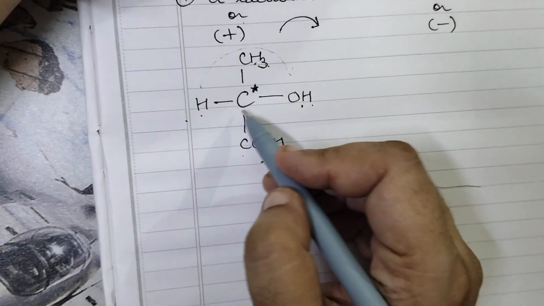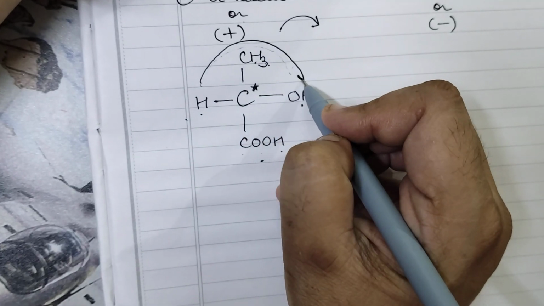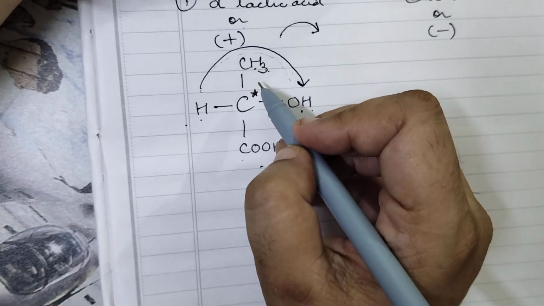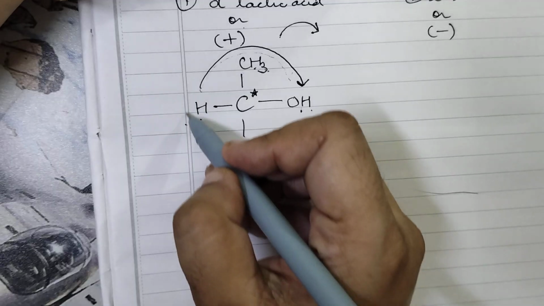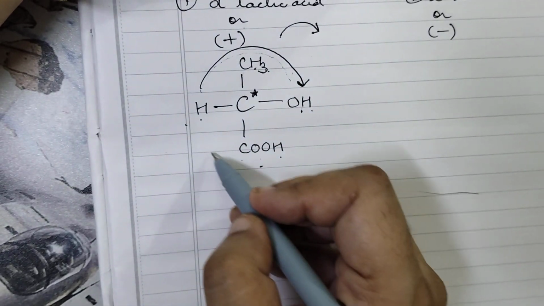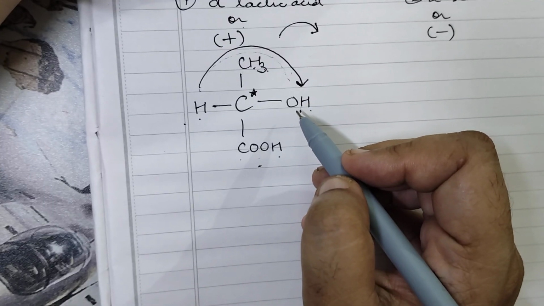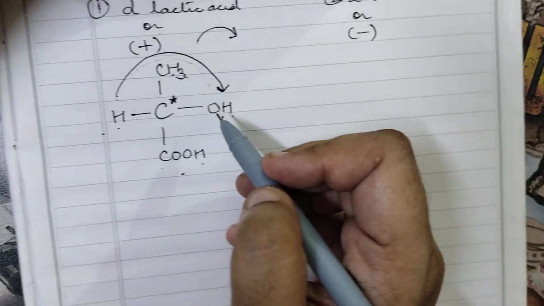So hydrogen to hydroxyl arrow will be made towards methyl side. Why? Because methyl is a lighter group, has a lower molecular mass, and you can see that it is dextrorotatory because it is rotating the plane towards right hand side or in clockwise direction. This way we decide the direction of rotation.